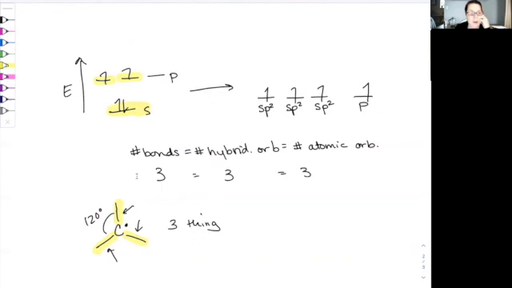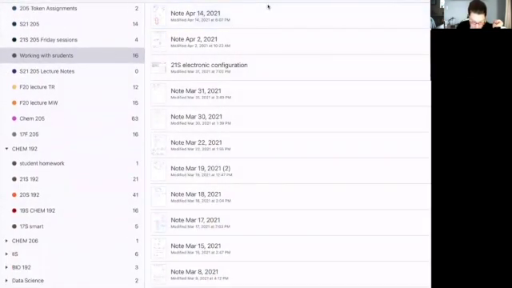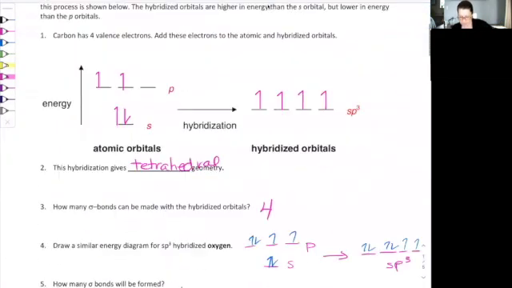There was an error in the key that I originally put up. If you're looking at number 15, sorry, let me see if I can stop. If I change what I'm sharing, it'll never come back up again. Hold on. Putting it all together key, here we go.